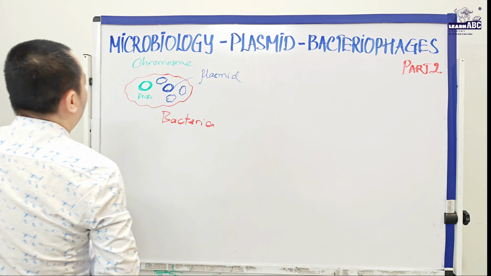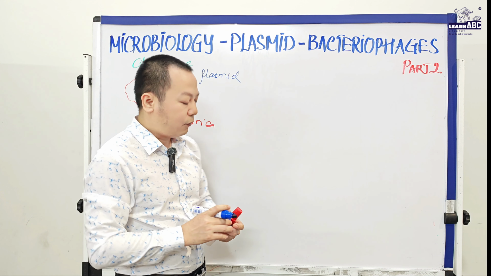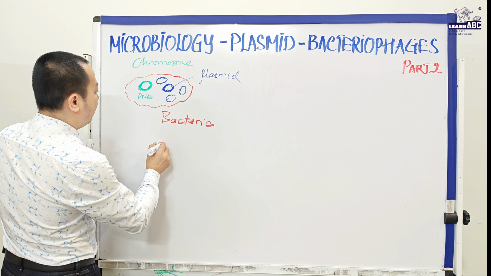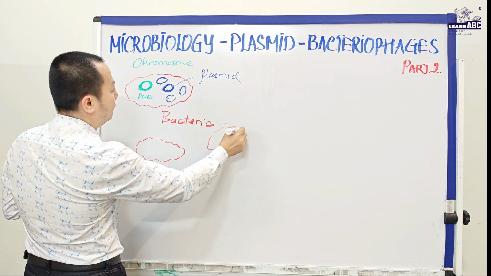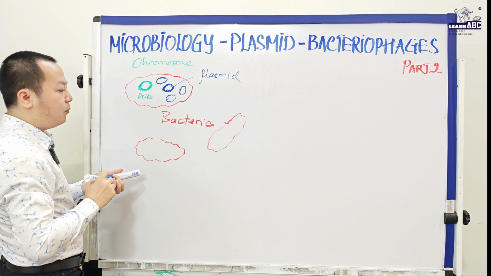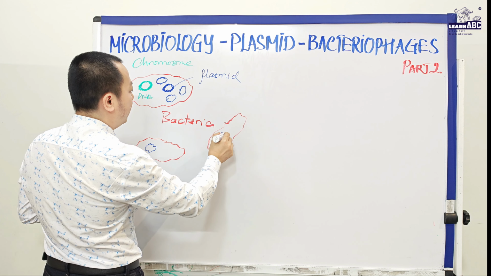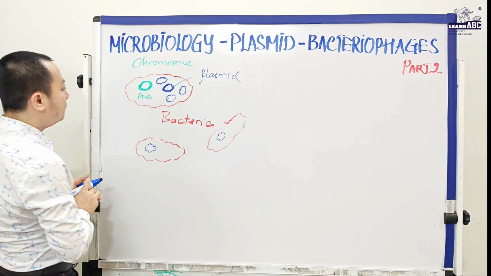But one more thing, and this is very dangerous. For example, I have another bacteria here, and this is also a normal bacteria. This is the chromosome, the genetic material.